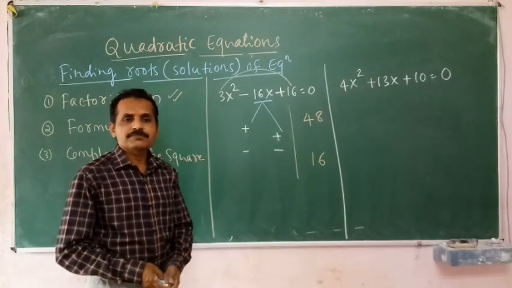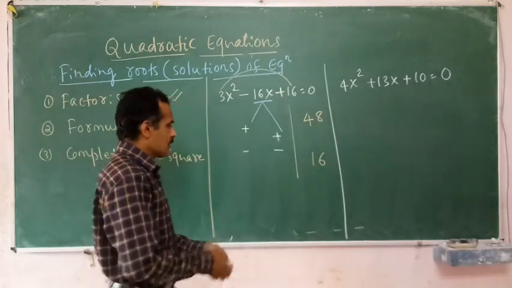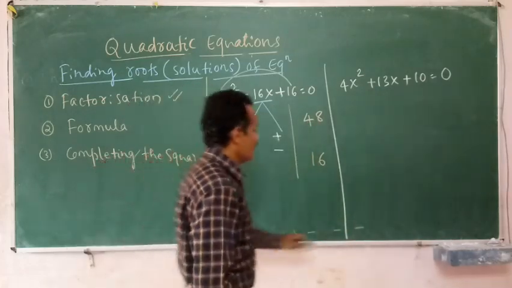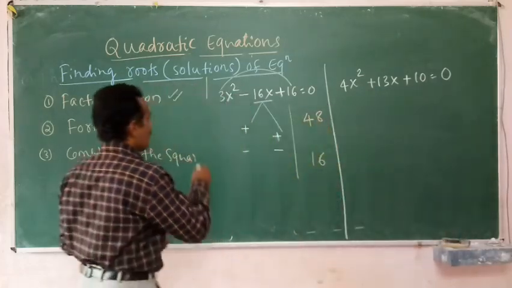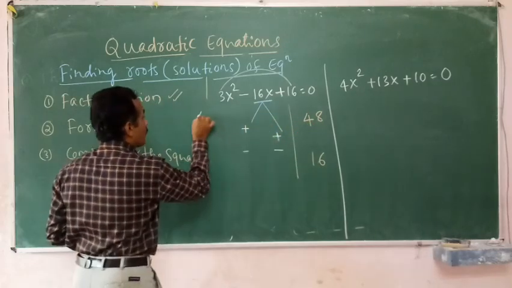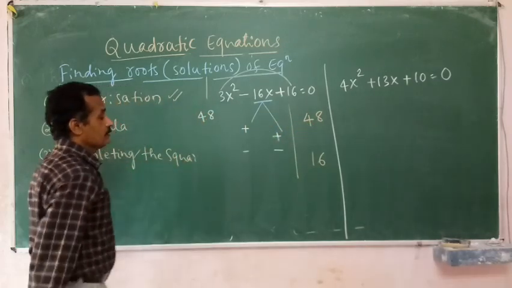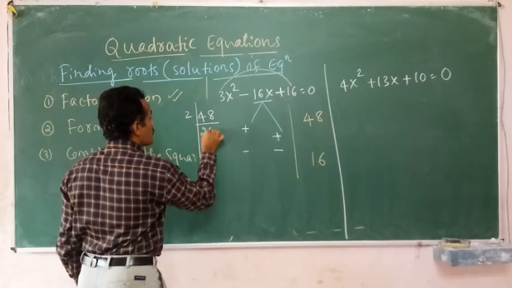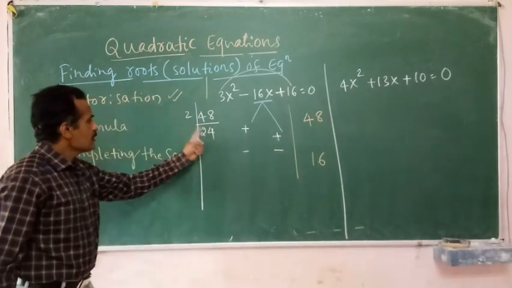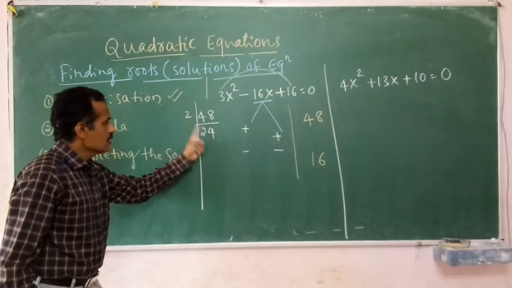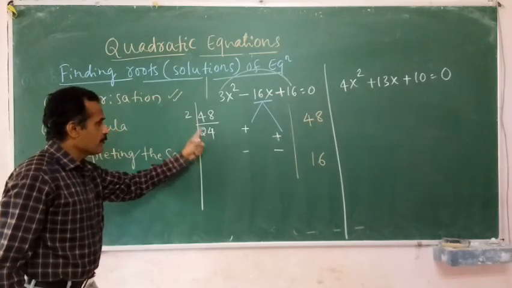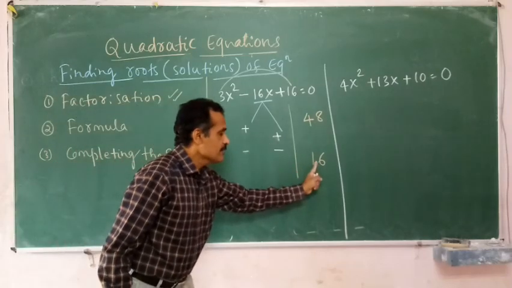Which are the middle terms? To find the middle terms, what is the method you have to use? See, how can we write 48? 2 24s are 48. Just check. 24 2s are 48. On adding, 24 plus 2 is 26, but you need 16.